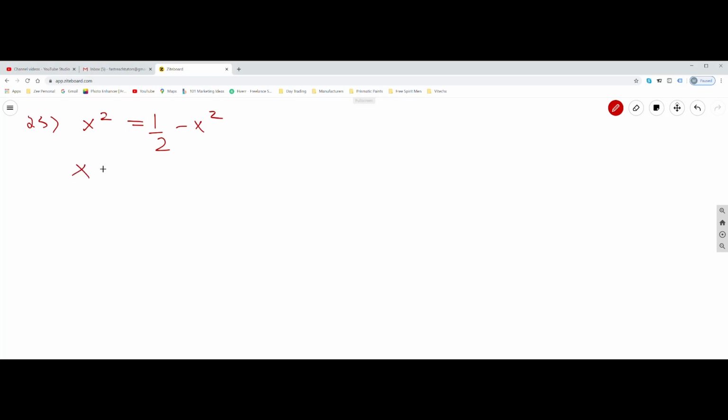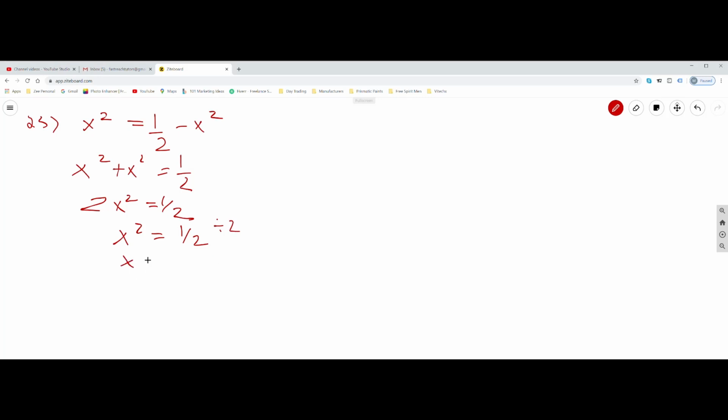So x squared plus x squared equals 1/2. We have 2x squared equals 1/2. x squared equals 1/2 divided by 2.